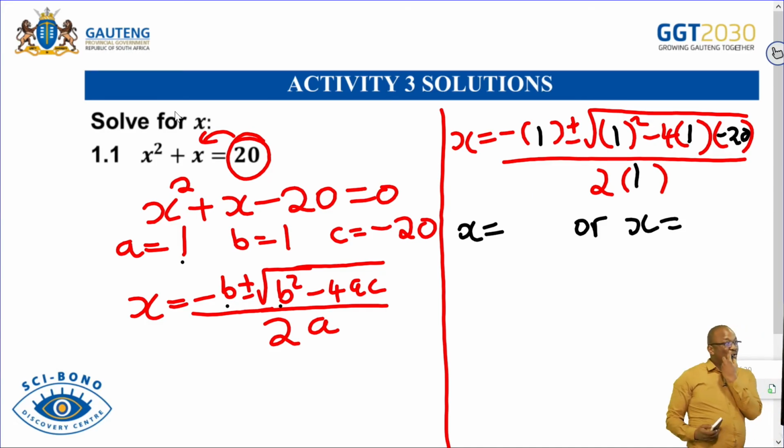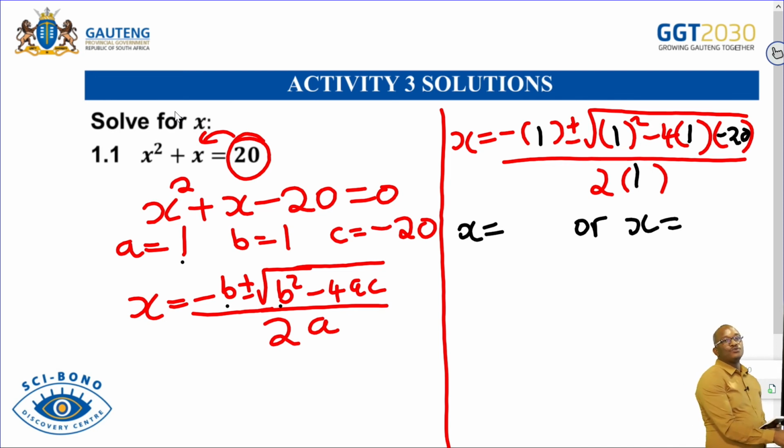Then now we go and check with your calculator. When you punch your calculator, good people, please check the types of calculators that you use. You must be able to punch your quadratic equation in terms of how it's given there.